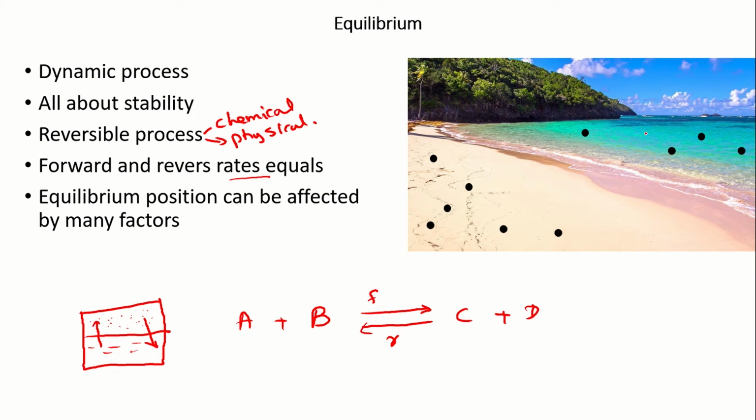If the water is much more comfortable and sand is very hot, you can expect more people to be in water than on the beach. So let's say for every person that walked into the water, if there's a person walking out from water, and if this is the exchanging rate throughout the day, you will have the same number of people.